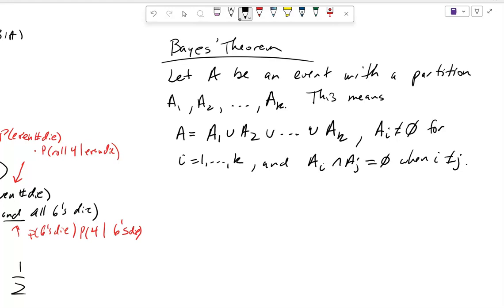All right, so what we want to compute in this case is, they actually have the theorem written down in here. Yeah, they do. Okay.